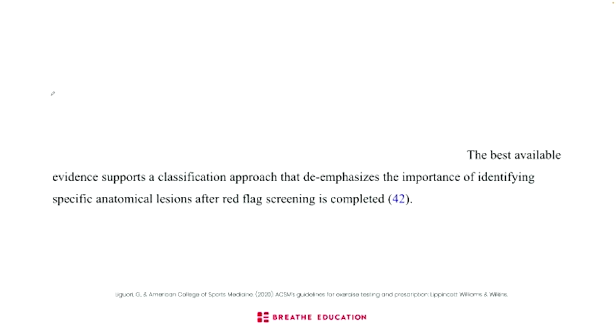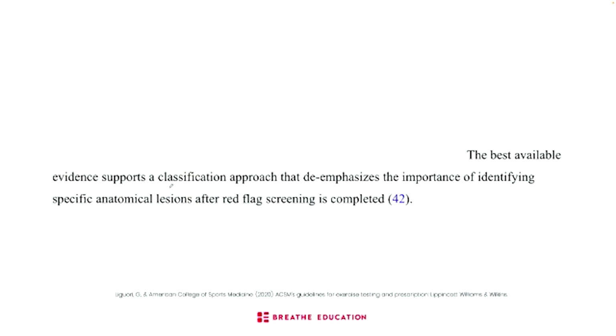The best available evidence, this is all from the ACSM guides, supports a classification approach that de-emphasizes the importance of identifying specific anatomical lesions. That just means some kind of injury, a lesion, after red flag screening is completed. So remember red flags with those things: cancer, cauda equina syndrome, ankylosing spondylitis, things like that.